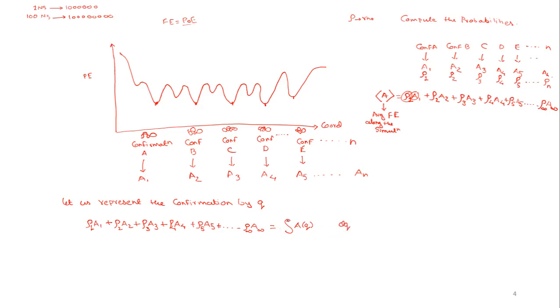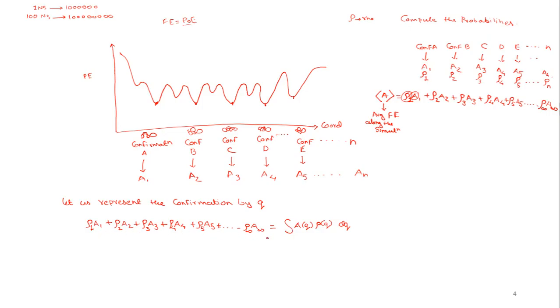For that you need rho of q, which corresponds to the probability distribution of the conformations. This is a simpler way of representing the situation that we ended up with.